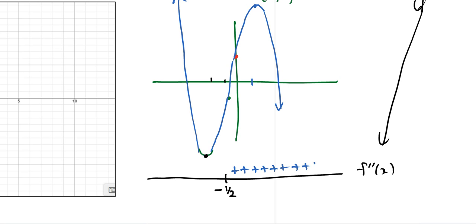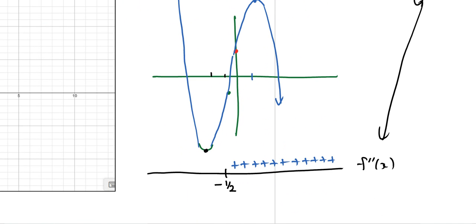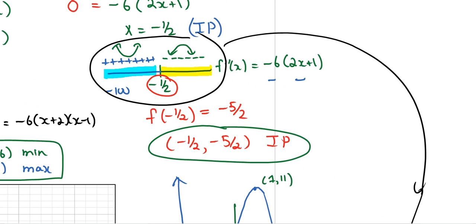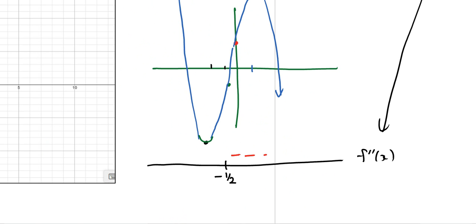If my second derivative is positive, that just means my graph is concave. Sorry, this is all negative. I made a mistake here. If I go back to my original, this yellow part right here is all negative. I apologize for that. That means I'm concave down.